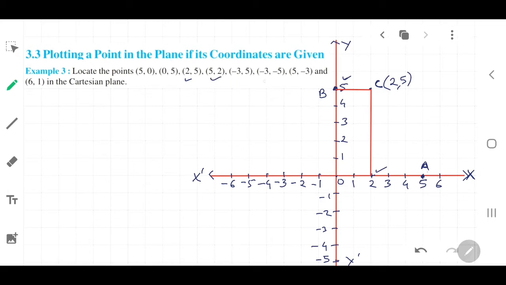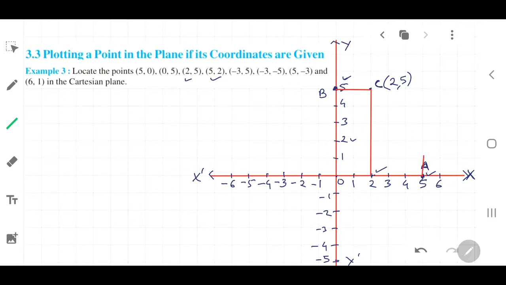Say the fourth one, 5 and 2. So 5 is for x-axis. Now you check, and 5 is also positive. So you check here, here it is 5. Correct? This is 5 given to you. And the other value is 2, and 2 is of y-axis. So here is 2 for y-axis. So where will it go and meet? Let's see.